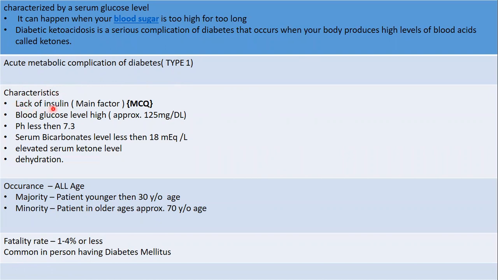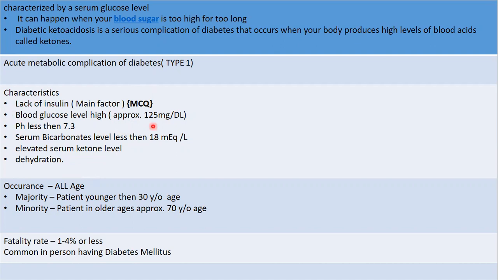Coming to its characteristics, how we define what diabetic ketoacidosis actually is. First, there is the lack of insulin. That is a main factor, this might come in the MCQ, so do not forget this. Then there is a high blood glucose level. When we say the person is diabetic, he or she is having a blood glucose level approximately or above 125 mg per dl.